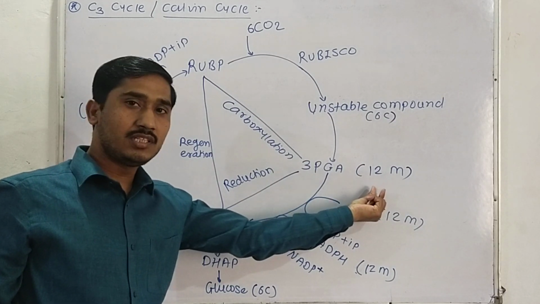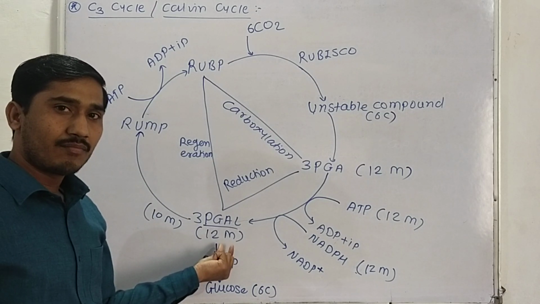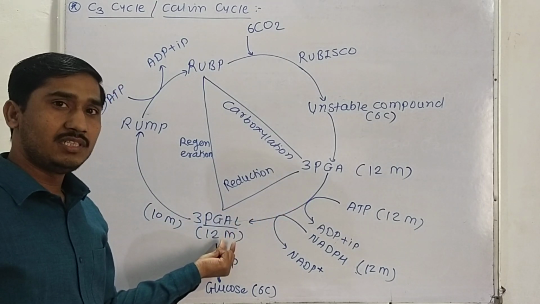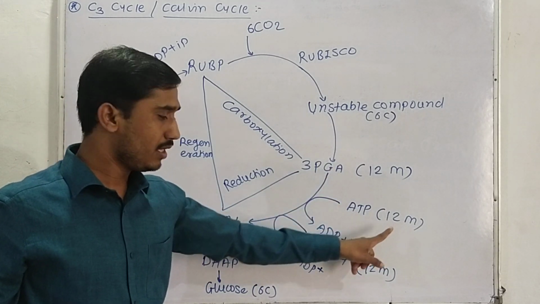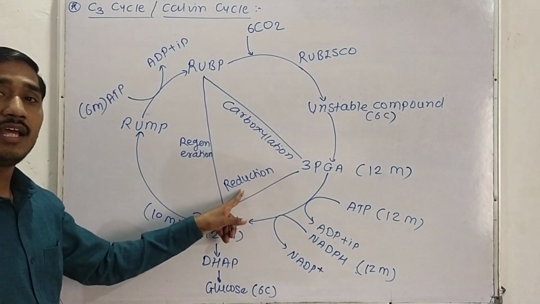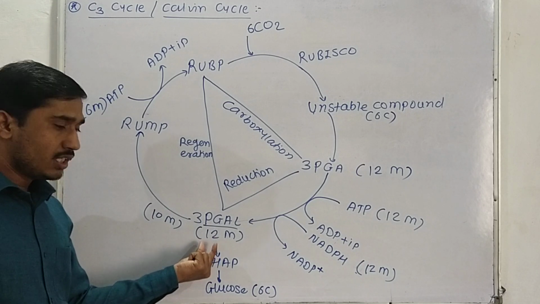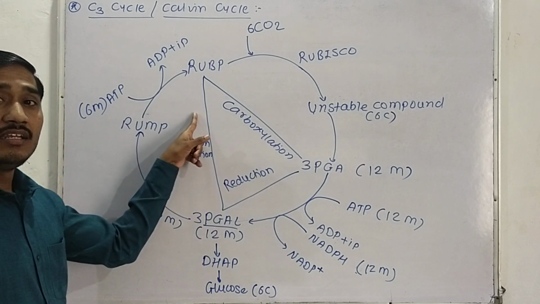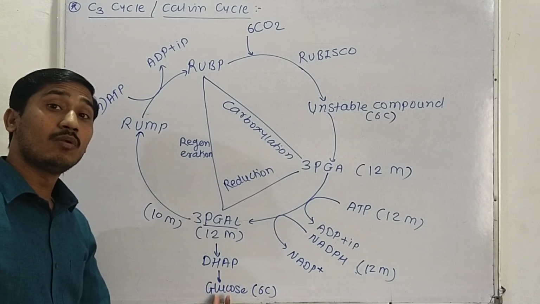So from 12 PGA, there are 12 molecules of PGAL. For the formation of 12 PGAL, PGA will use 12 molecules of ATP and 12 molecules of NADPH. This step is called reduction. Then, out of 12 molecules, 10 molecules will participate in the regeneration step, and 2 molecules will participate in glucose formation, that is in the synthesis step.